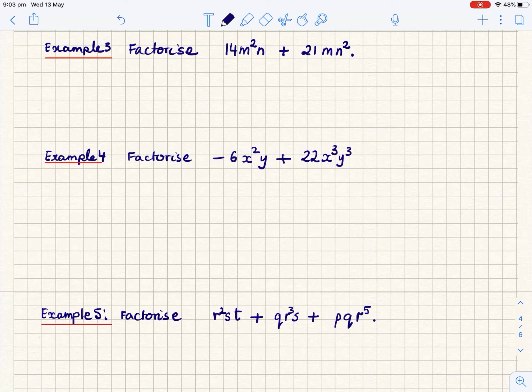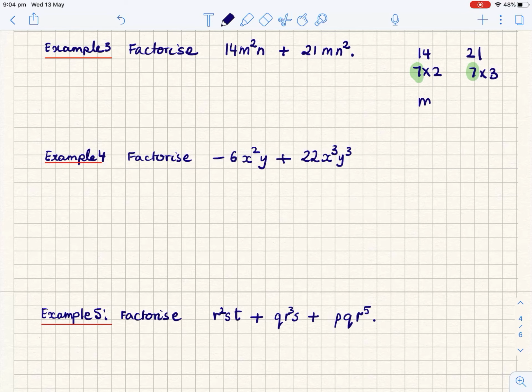Example 3. Factorize 14m squared n plus 21mn squared. I will find the highest common factor separately for numbers and the letters. So we have numbers 14 and 21. 14 is 7 times 2. 21 is 7 times 3. So the highest common factor is 7.